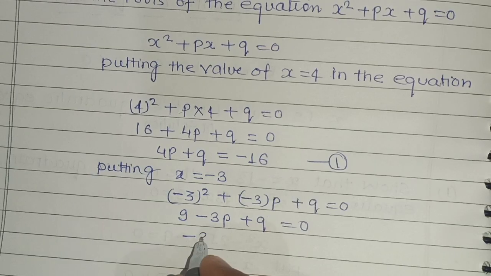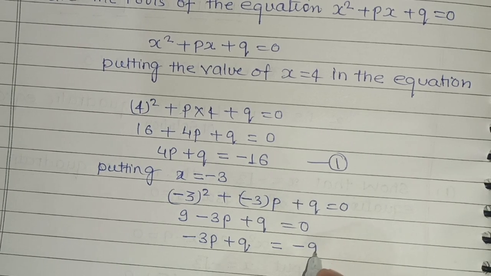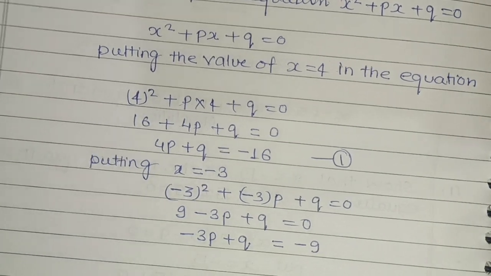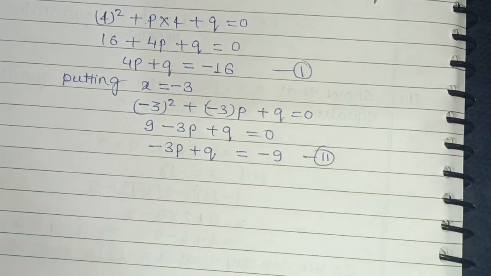So minus 3p plus q is equal to minus 9. So that is equation second.